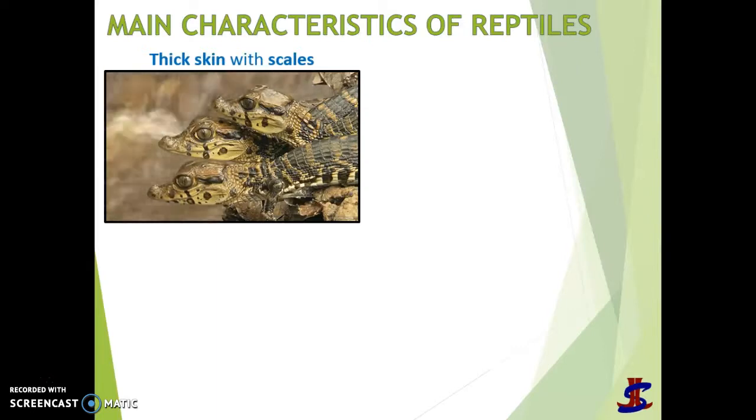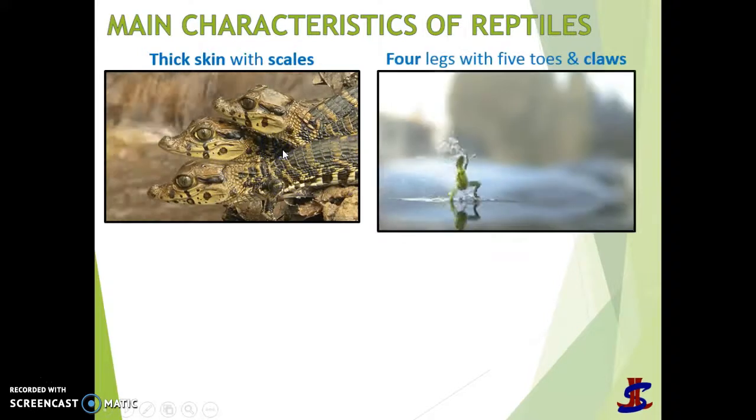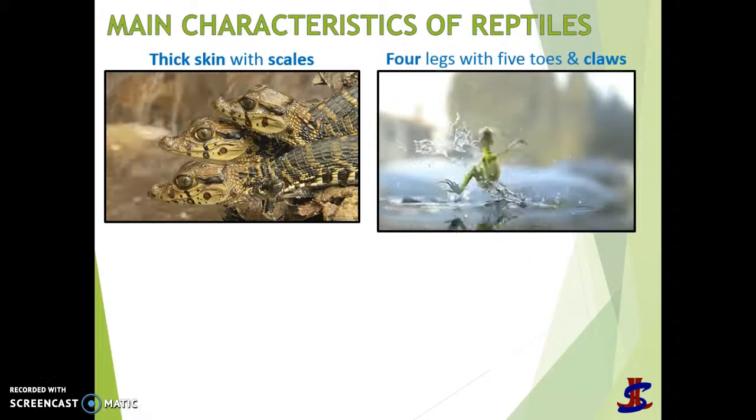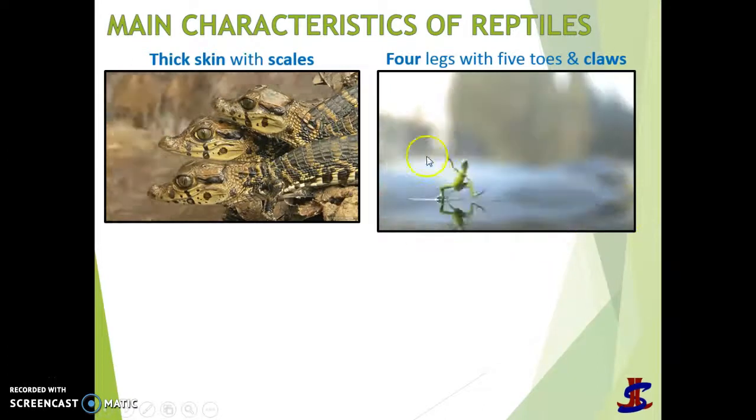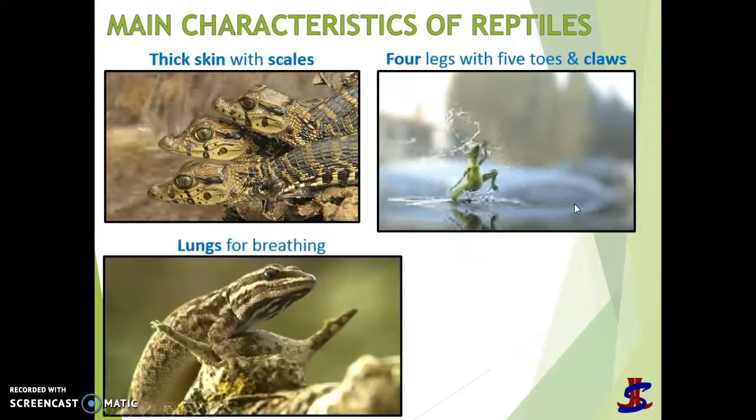The first difference is that in this case, unlike amphibians that had a thin skin with glands, reptiles have thick skin with scales. You can see here the big scales, and their skin looks really rough. What more? They have 4 legs with 5 toes and claws. See here this nice picture. You can see the 4 legs.